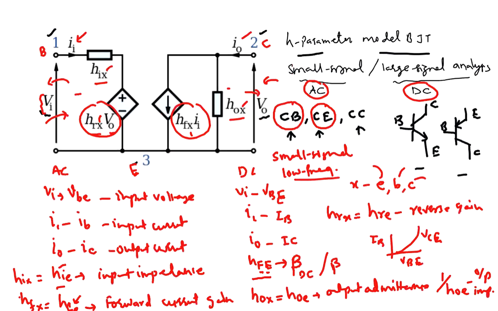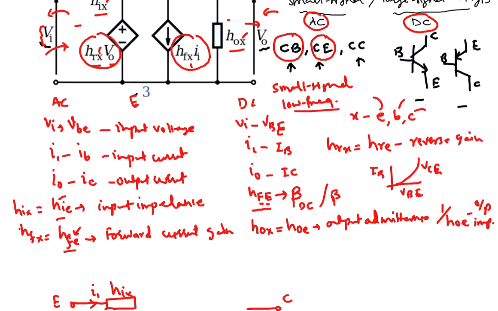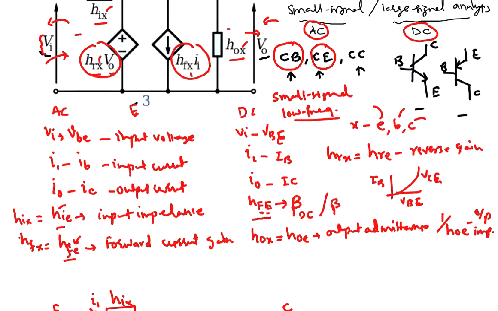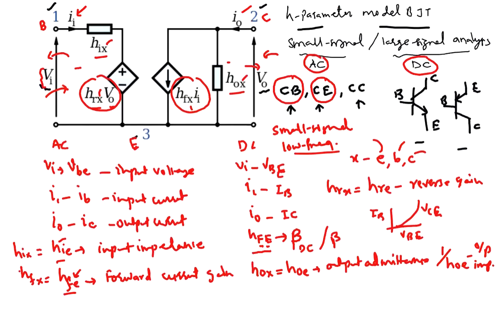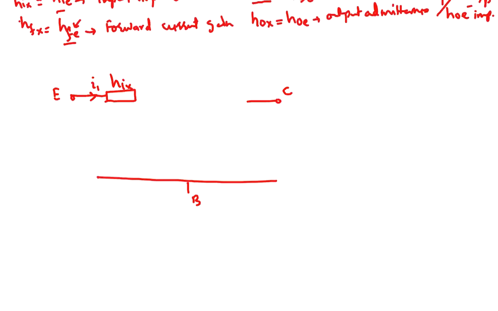And then your reverse gain will be HRX times the VO. It would be the same, and HRX will become HRB, right? So let's draw it in this way.